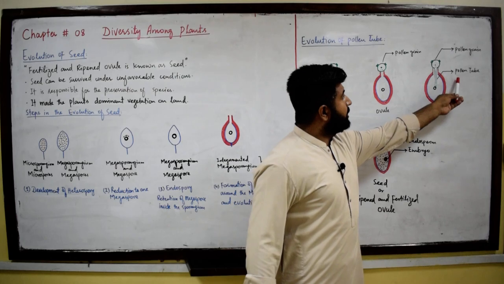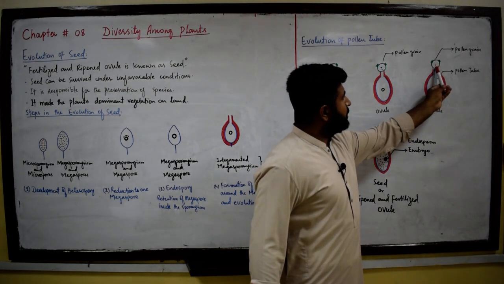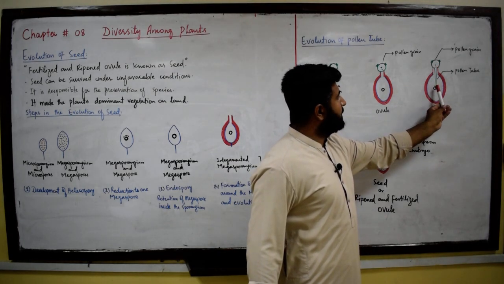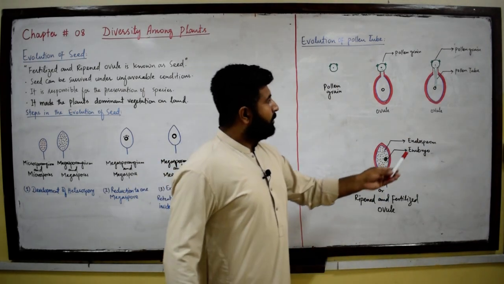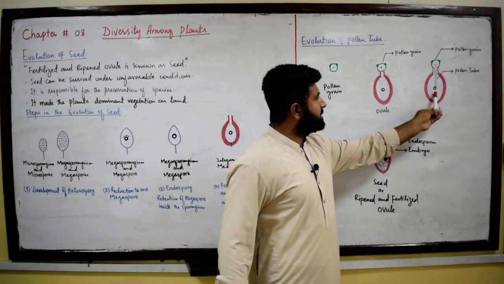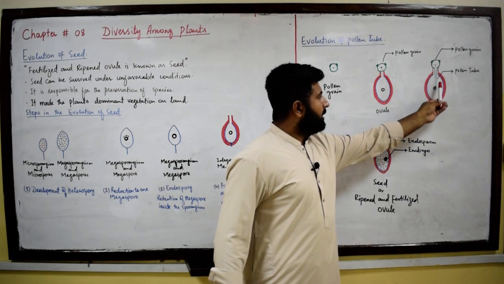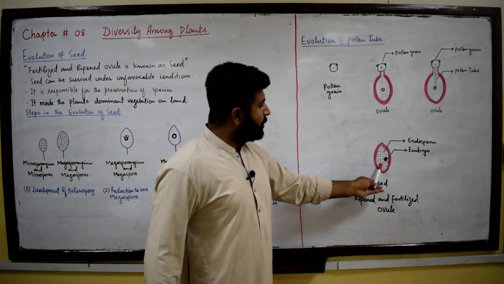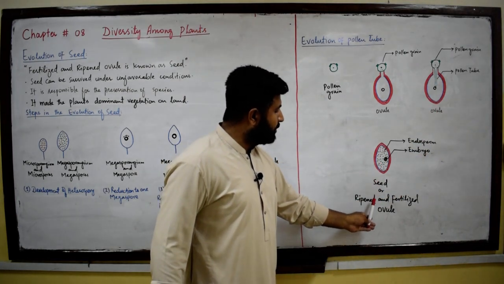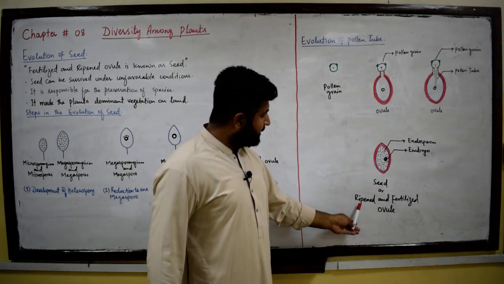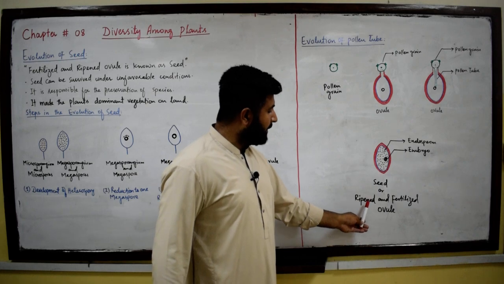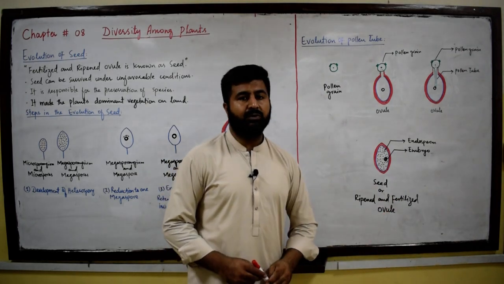The pollen tube transports the sperm nucleus from the pollen grain to the ovum, where it fertilizes the ovum, and this fertilized ovule is now known as seed. As we defined earlier, seed is the ripened and fertilized ovule.